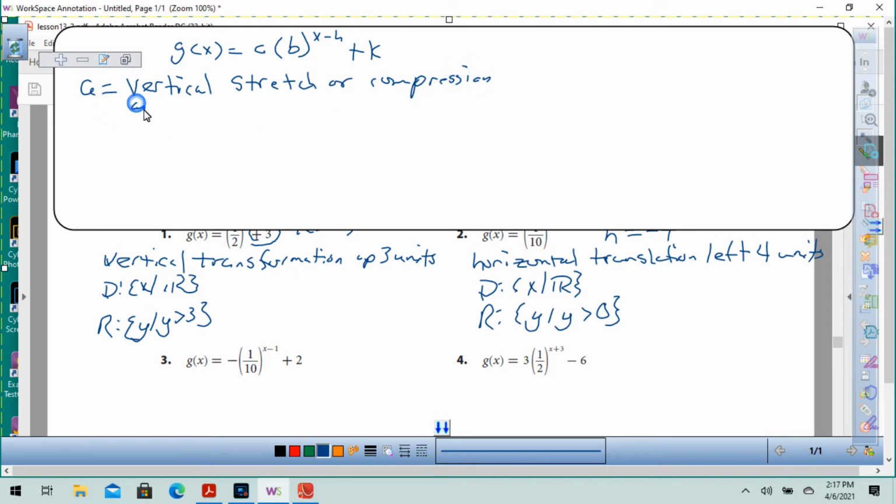And it may reflect over the x-axis. B is our base, and then h is a horizontal translation, left or right.